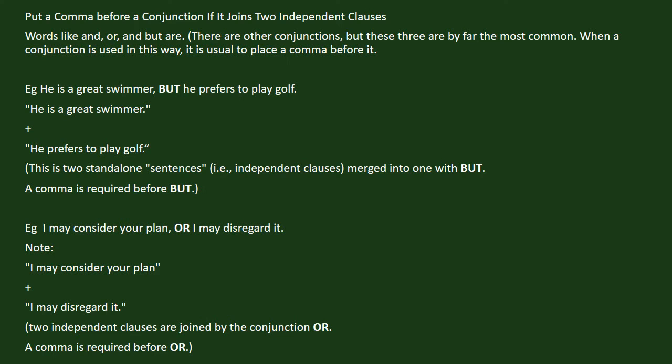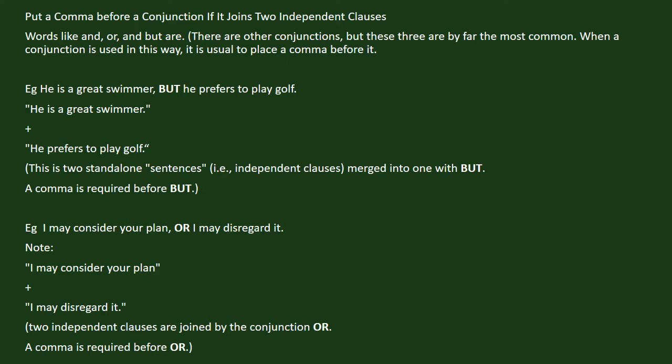So here we are combining he is a great swimmer and he prefers to play golf. These are two standalone sentences, that is also called independent clauses, that we have merged into one with the conjunction but. So a comma is required before the word but.